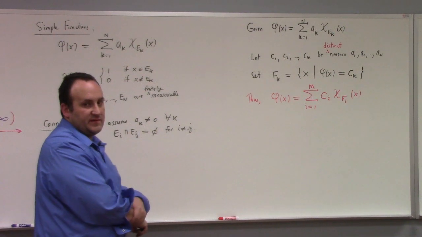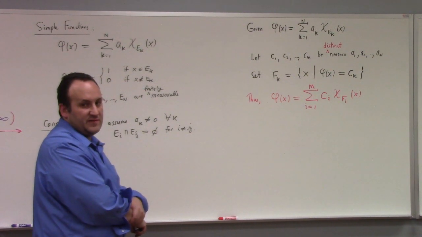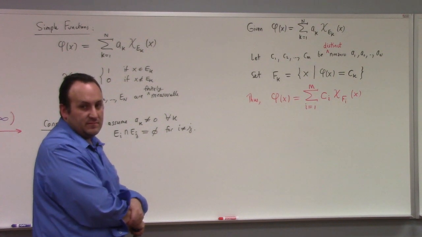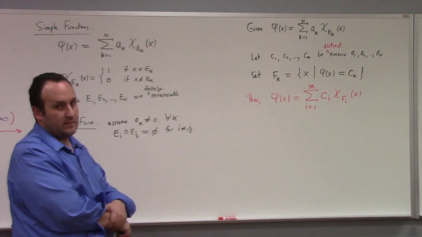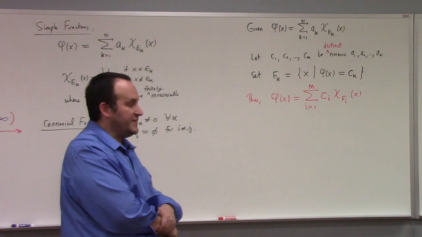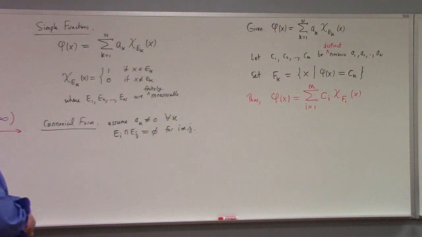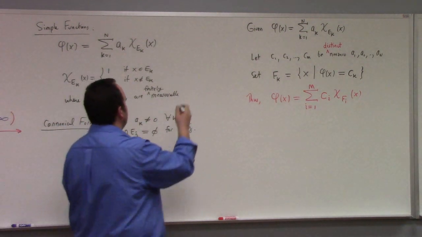What is the domain of phi? I guess that's the thing I'm missing from the start of all this. What's the domain of the simple function that we're talking about? It's not really stated, is it? But it seems to me like it should be some set which contains the e's. My picture of it mentally is something like this.